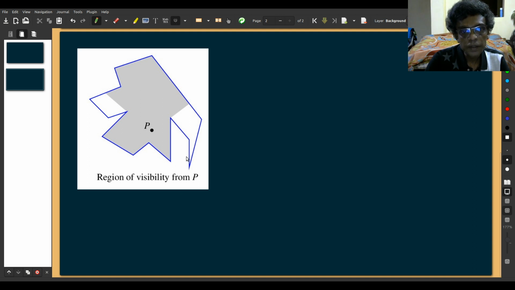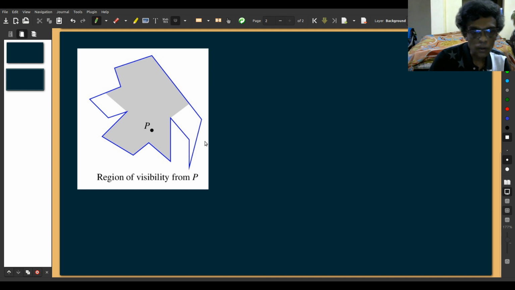You can assume that this is the boundary of a room. Okay, typically we do not see such rooms, but it may be an art gallery, something like that, a museum, where you have different chambers like this.